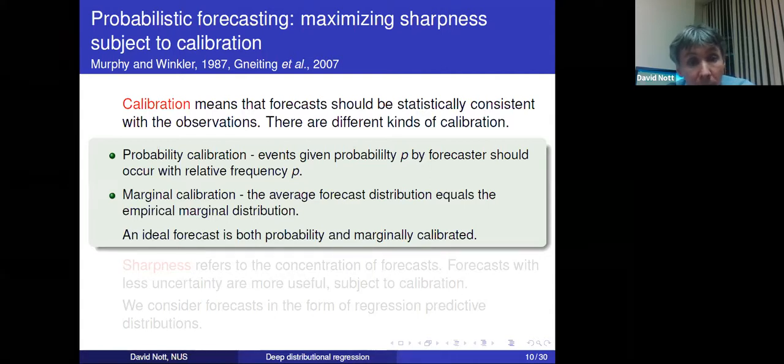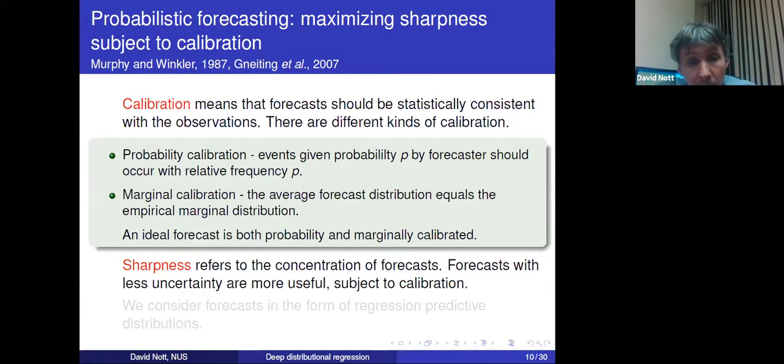Marginal calibration is the idea that the average forecast distribution should equal the empirical marginal distribution. There are slightly different ways to define these concepts, actually, but an ideal forecast is both probability and marginally calibrated.